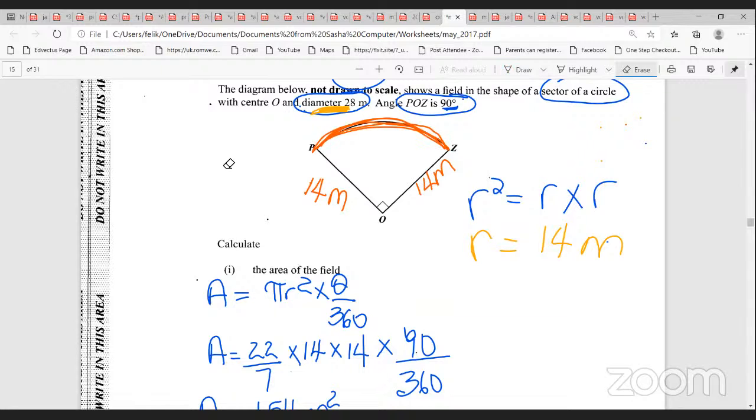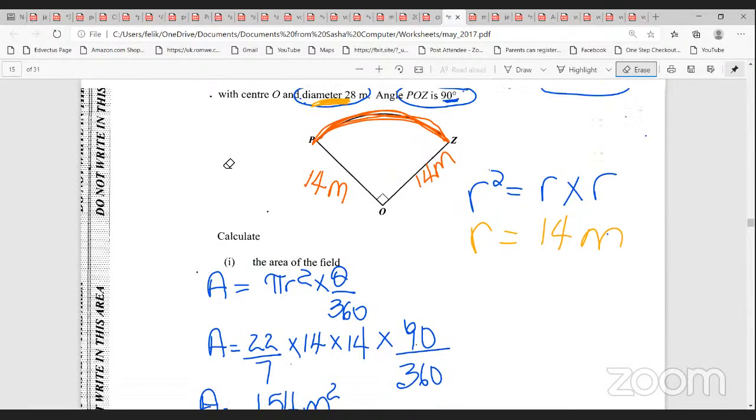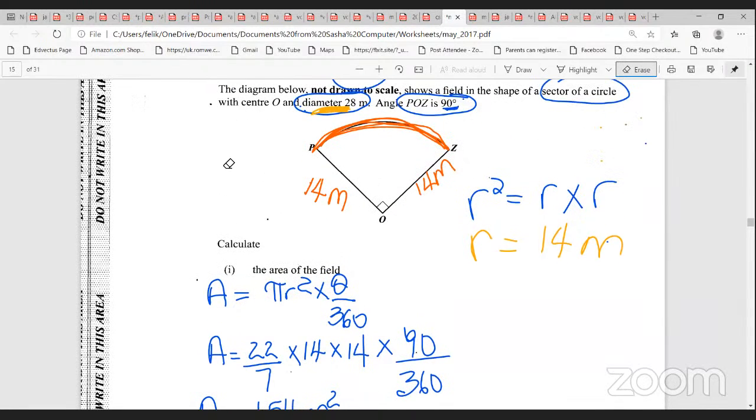All right. So PZ, what do we call PZ? Or in other words, PZ is a part of the circle. What do we call this part of the circle going around?